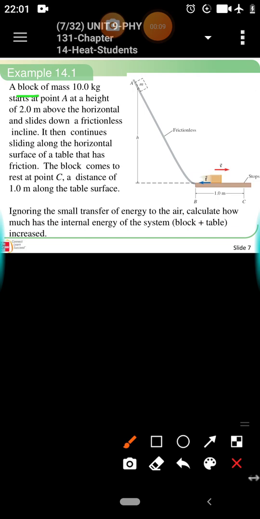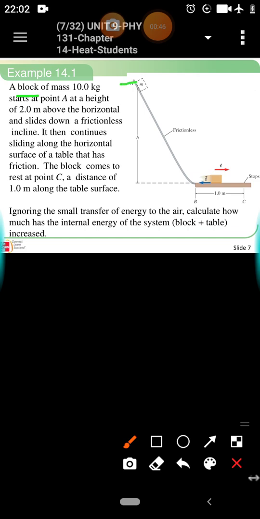It then continues sliding along the horizontal surface of the table that has friction. The block comes to rest at point C, a distance of 1 meter along.